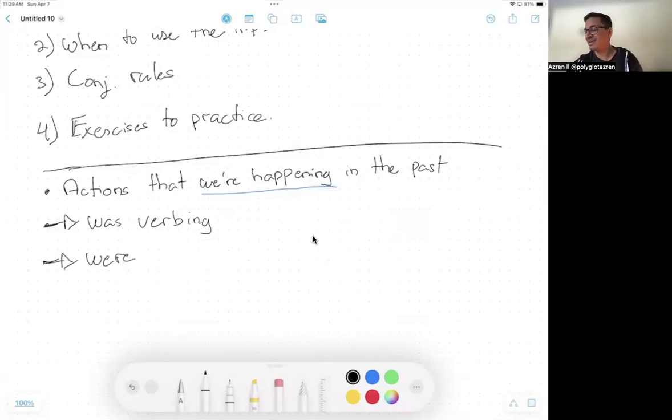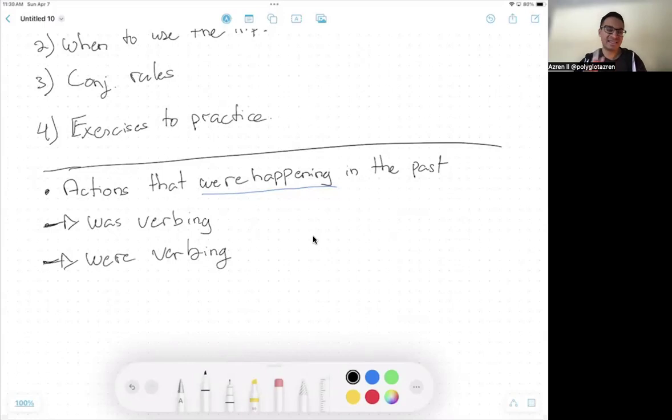Oh, I just noticed I spelled were wrong the first time. There we go. It's not W-E apostrophe. Oh my God, that's so silly. Were verbing. These are the two options: was verbing or were verbing. Was walking, was talking, was swimming, was sitting, were opening, you were cleaning, you were fixing, and so on and so forth. So that's the first circumstance, things that were happening in the past.